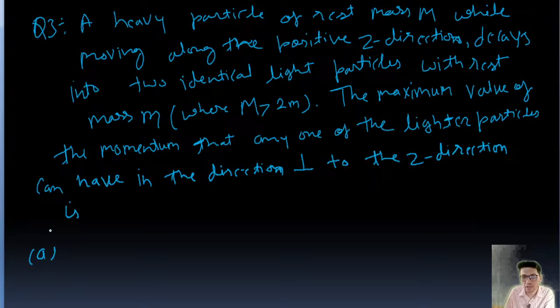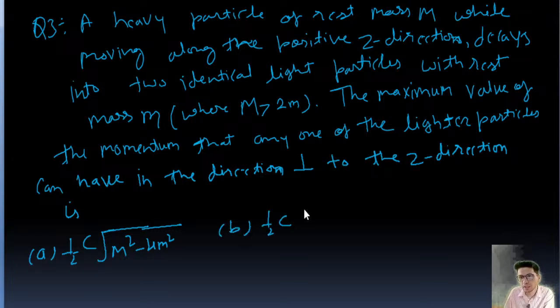Options are: A, 1 upon 2 c, where c is the speed of light, square root of capital M square minus 4m square. Option B is 1 upon 2 c square root of capital M square minus 2 small m square.